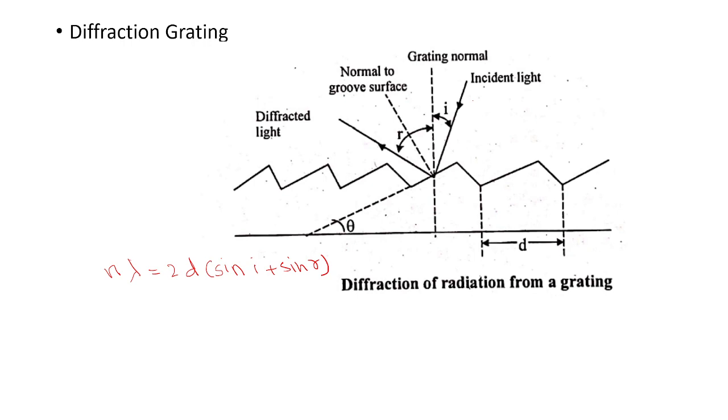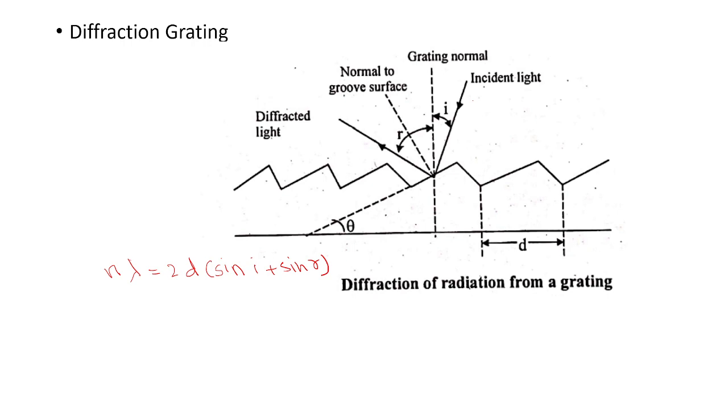When polychromatic radiation is incident on this diffraction grating, the above equation can only be satisfied for a single wavelength at a time.